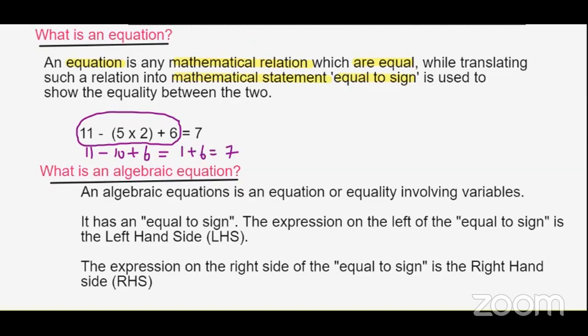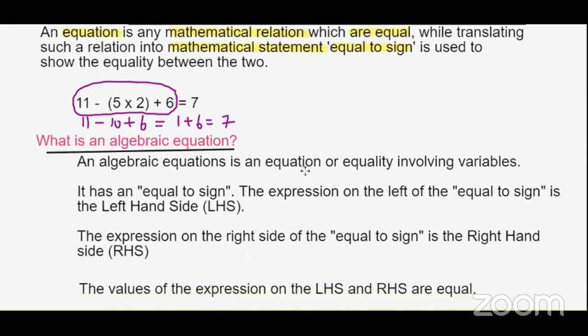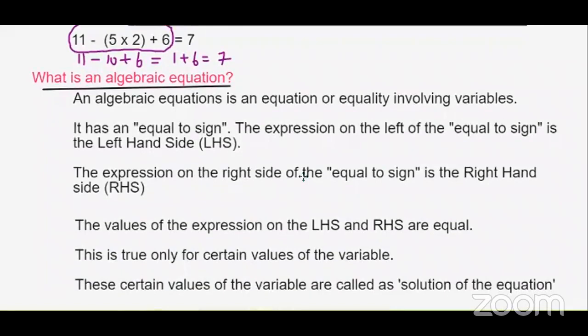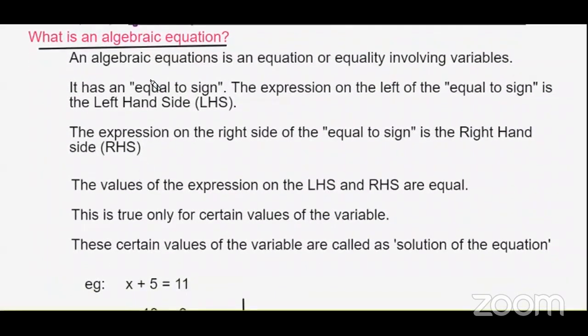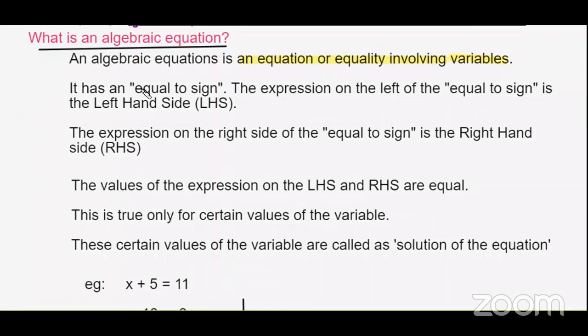In the same way, in algebraic equations, there is an equality. An algebraic equation is an equation or equality which involves variables. It has an equal to sign. The expression on the left side of the equal to sign is called the LHS, that is left hand side.